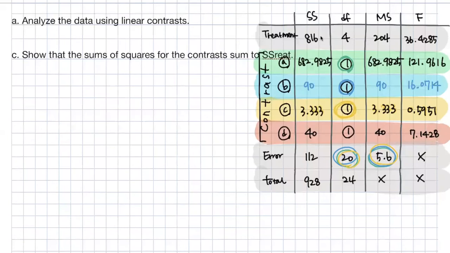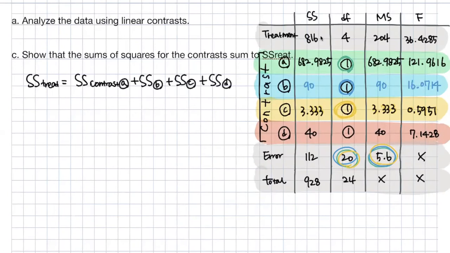Let's solve letter C. We need to show that the sums of squares for the contrasts sum to the sum of square treatment. So we need to show that sum of square treatment is equal to sum of square contrast A, plus sum of square contrast B, plus sum of square contrast C, plus sum of square contrast D. So sum of square contrast A, B, C, D is here.